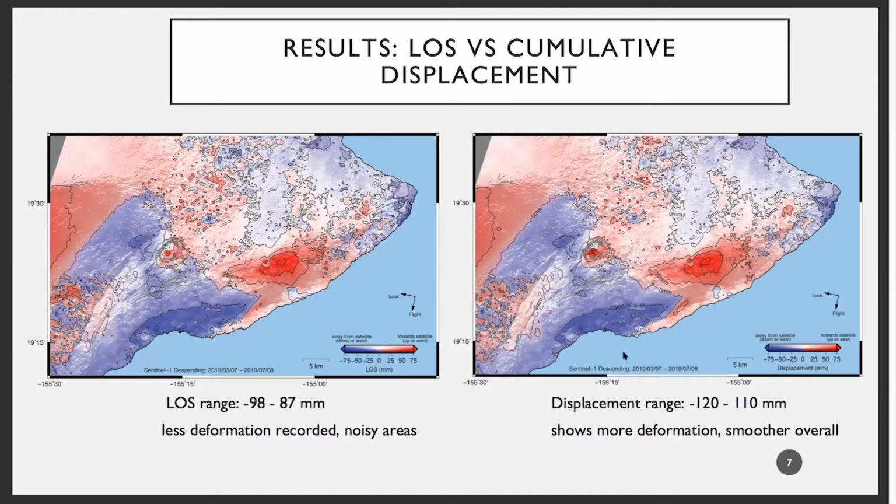Ideally, the time series displacement image is giving a more accurate result because it's considering the scene that occurred in between the two endpoints, right? If I had more scenes, this would be even more refined. But you can already see that in this one, it's a slightly smoother grid, and it captured a bit more deformation than just the line of sight.